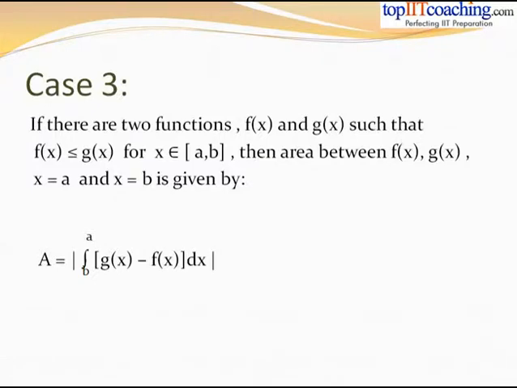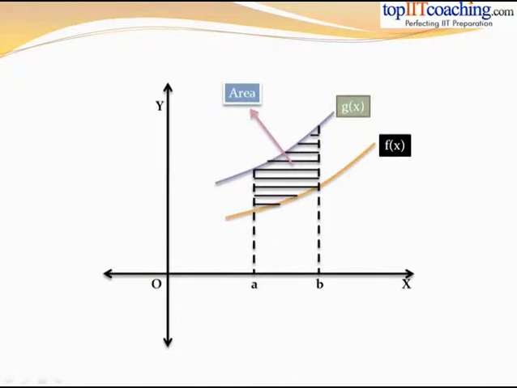to b. So if we say that this is the curve g(x), this is the curve f(x), we see that g(x) is greater than f(x) here. Now we have any point x equal to a and x equal to b. The area between g(x), f(x), x equal to a and x equal to b is this portion.